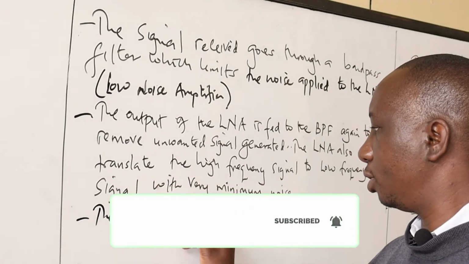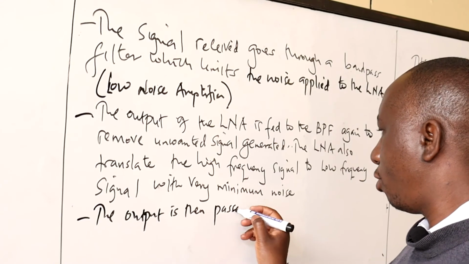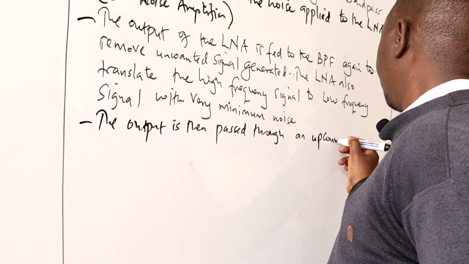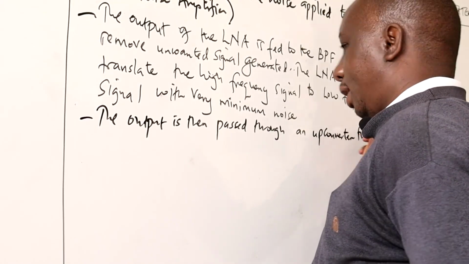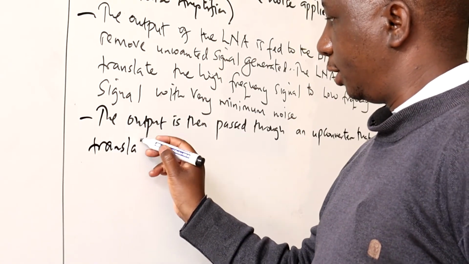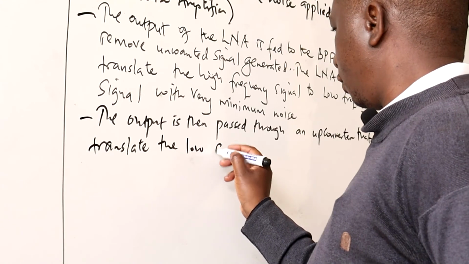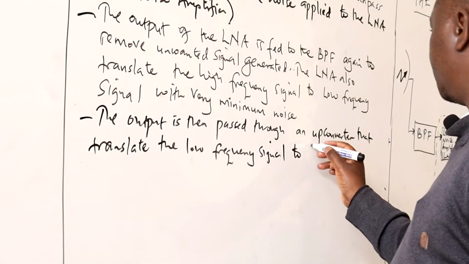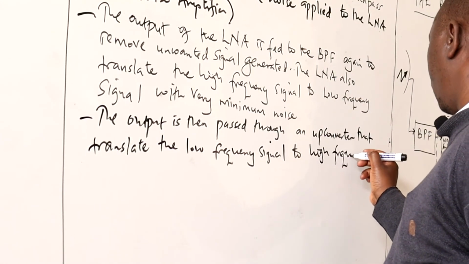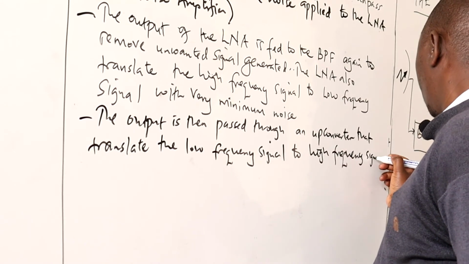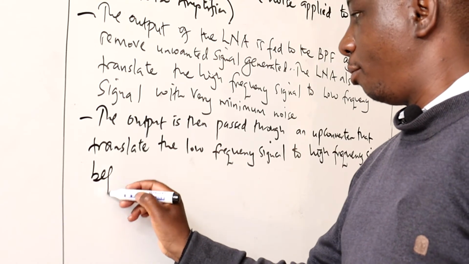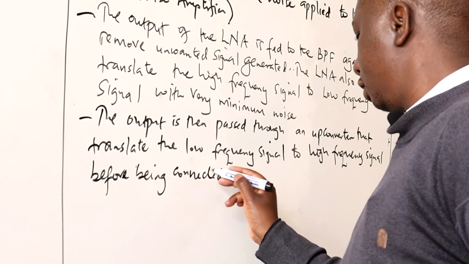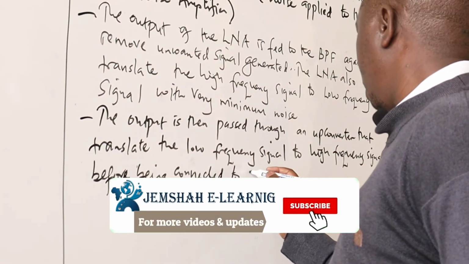The output is then passed through an up converter that translates the low frequency signal to a high frequency signal before being connected to the HPA.